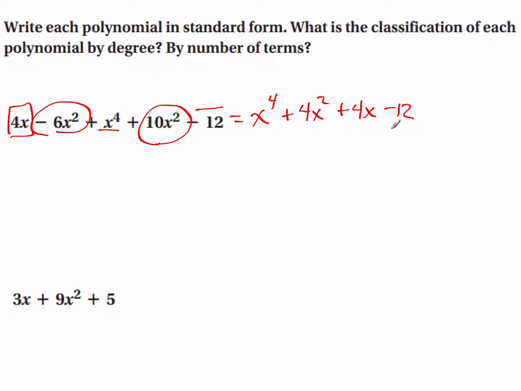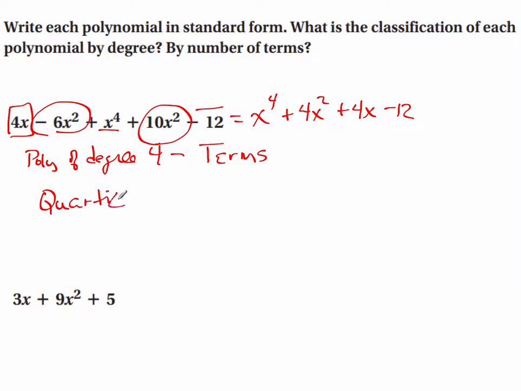So for this polynomial, I have 1, 2, 3, 4 terms. So this is a polynomial of degree 4 when I name it based on the number of terms. Now, if I name it based on its highest power, this would be a quartic polynomial.